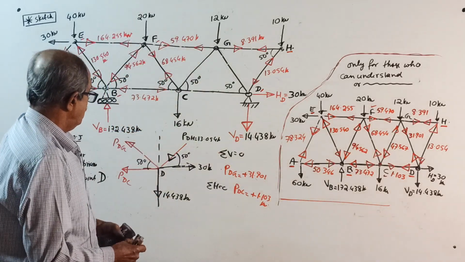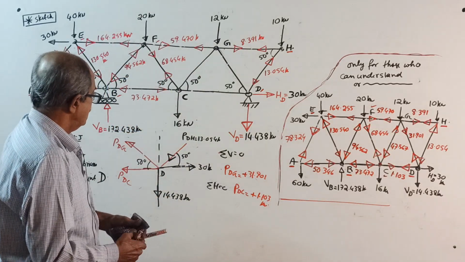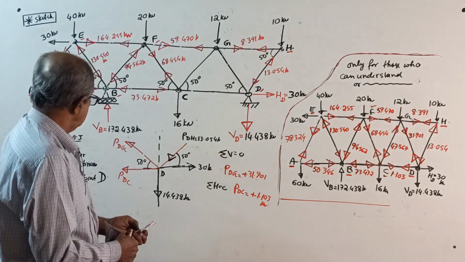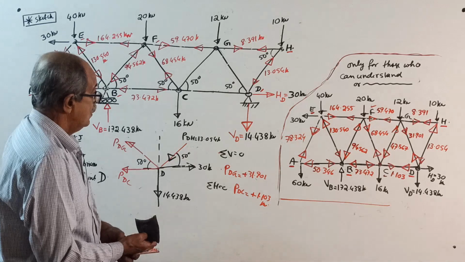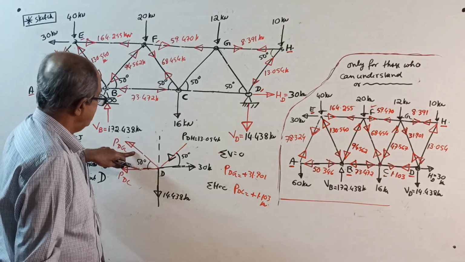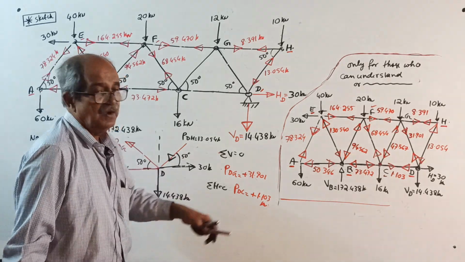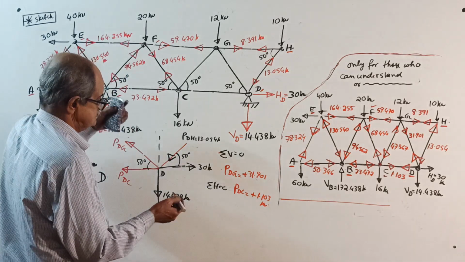Why is that such a small value? Oh, there is a force here, 31. Okay, plus 1.103 kilonewton.